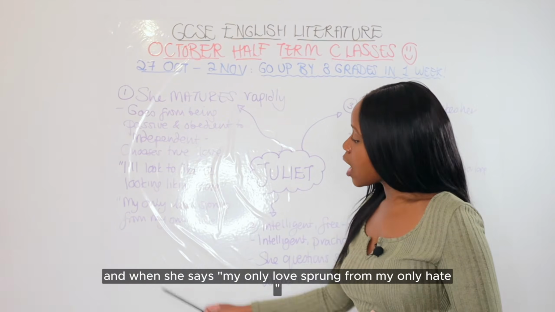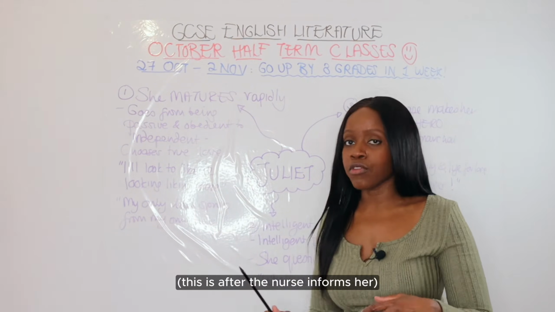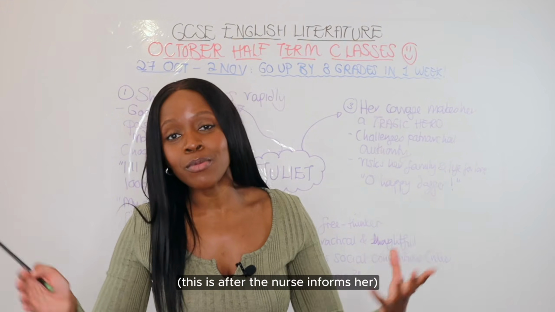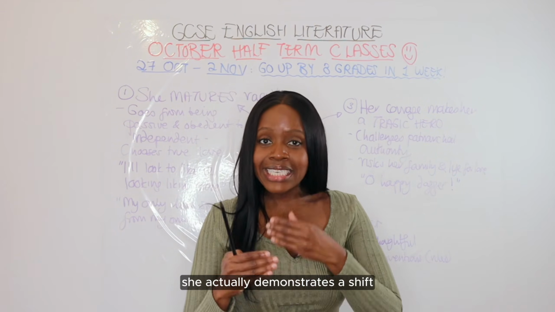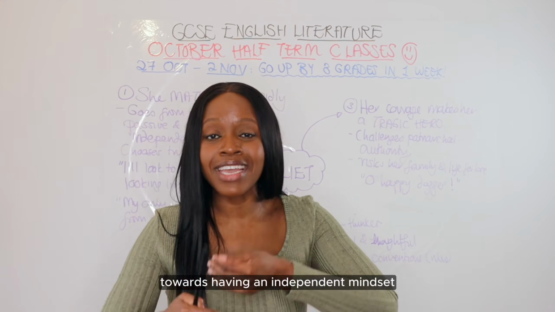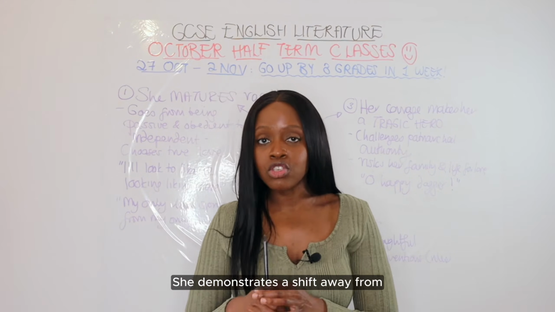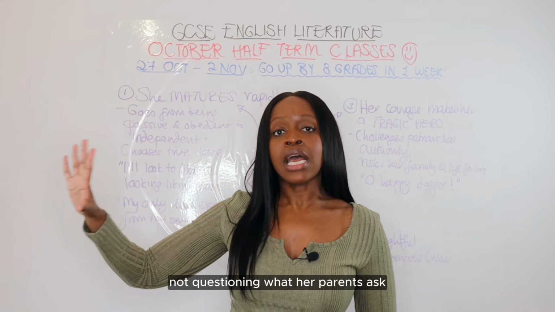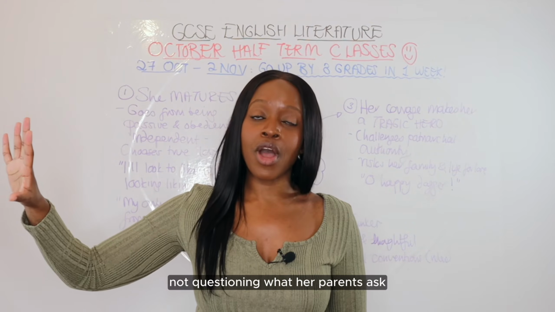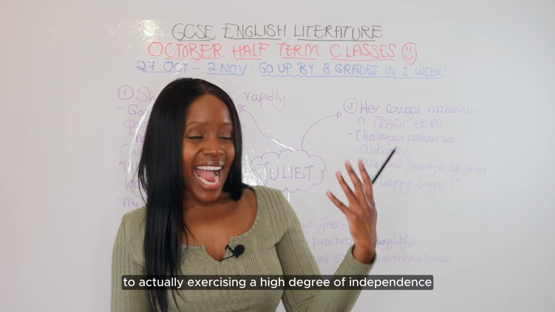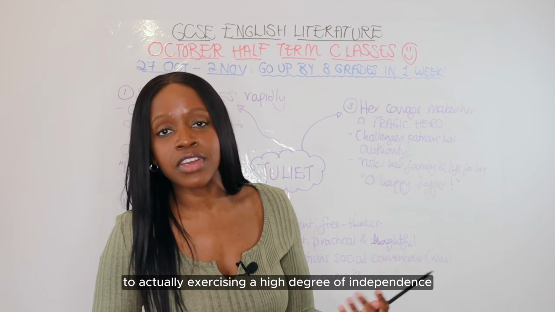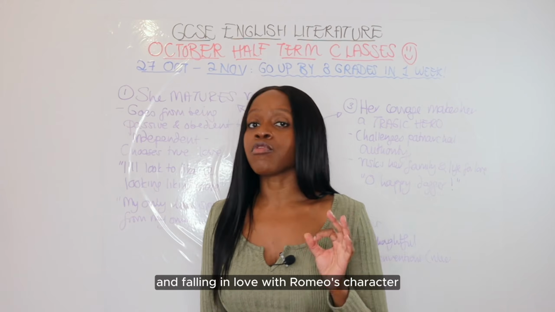And when she says, "My only love sprung from my only hate," of course, this is after the nurse informs her and tells her that Romeo is a Montague, she actually demonstrates a shift towards having an independent mindset. She demonstrates a shift away from just not questioning what her parents ask and listening passively to what they tell her, to actually exercising a high degree of independence and falling in love with Romeo's character.